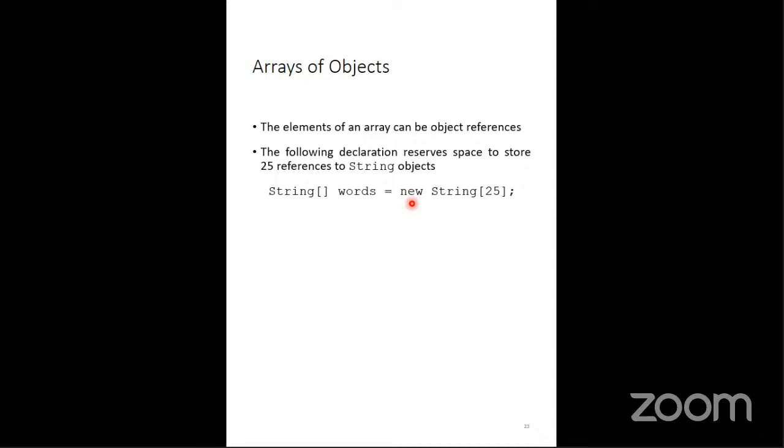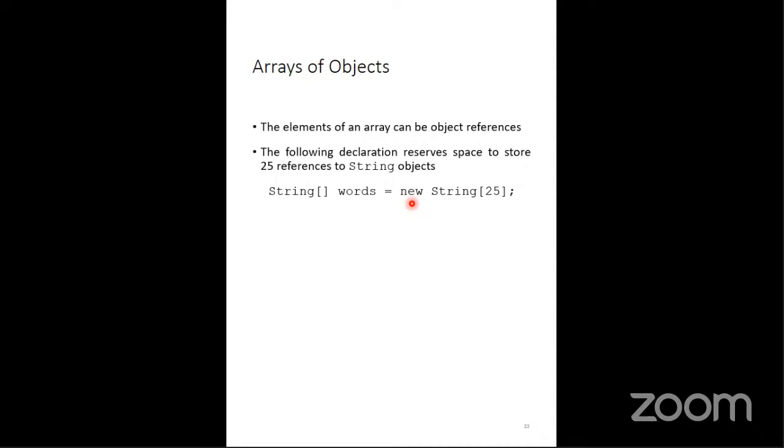So let me make the picture clear. If you want to create an array, you require the new keyword. If you want to create an object, you again require the new keyword. So if you are creating an array of objects, you have to use the new keyword twice: once to create the array, once to create the object.